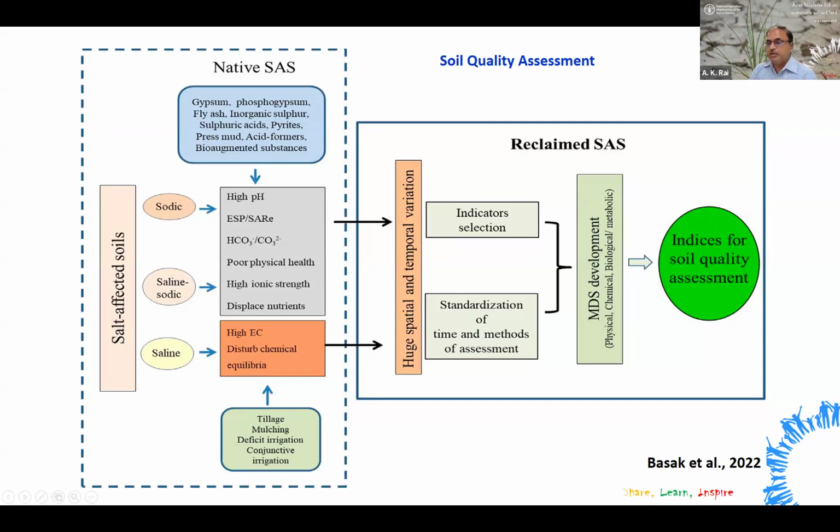yield goals. This is only because of the huge spatial and temporal variation once these soils are put under management, and that leads to the difficulty of identifying a good minimum data set, so that a robust soil quality index can be developed.